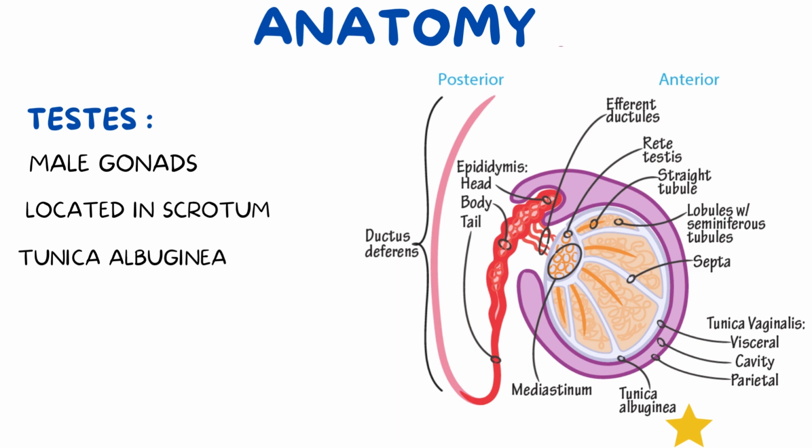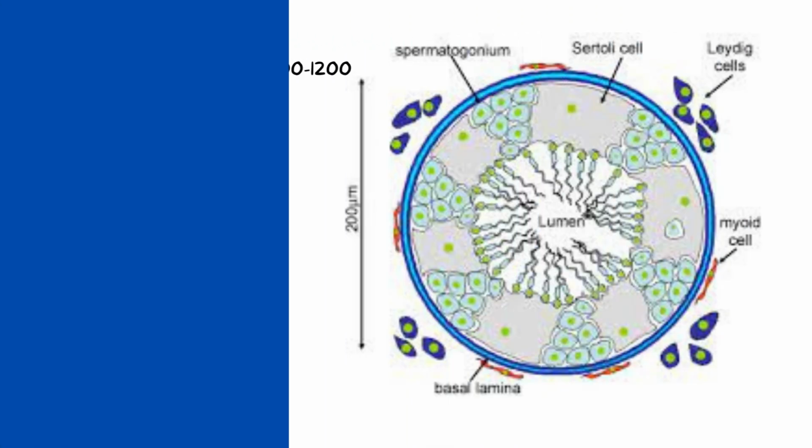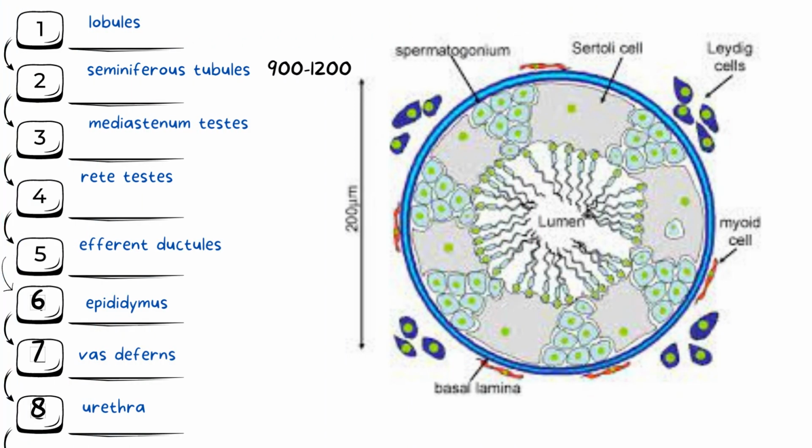The basic unit of testes is the lobules, which are 350 to 400 in number. In each of the lobules, about 1 to 4 coiled tubules, the seminiferous tubules, reside. This means each testis may have about 900 to 1200 seminiferous tubules.